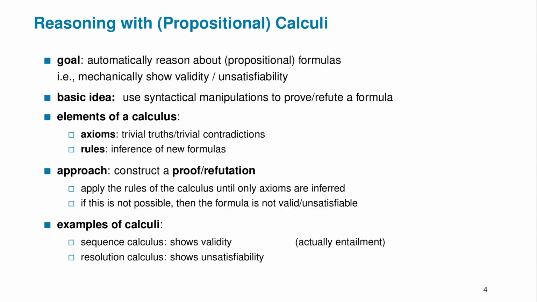And if this is not possible, then we conclude that the formula is valid or unsatisfiable. We will soon see what this means. And we will consider two examples of calculi. First, we will talk about resolution calculus, which works on conjunctive normal form formulas, and with this we can show unsatisfiability. And second, we will talk about sequent calculus, which allows us to prove that the formula is valid.